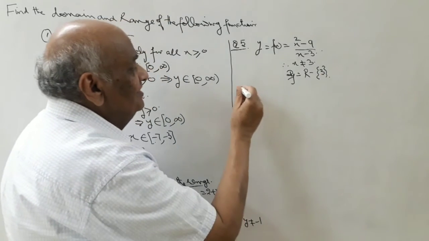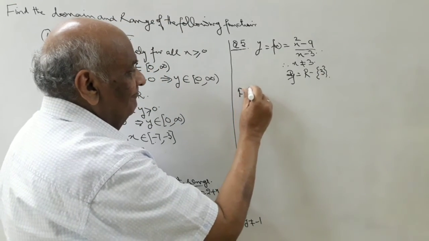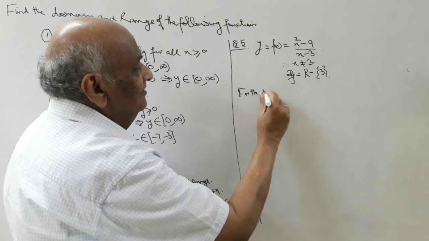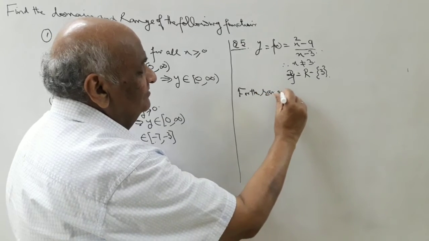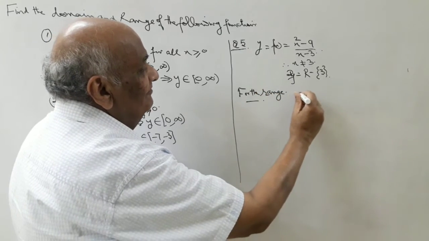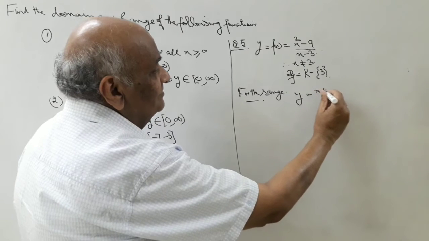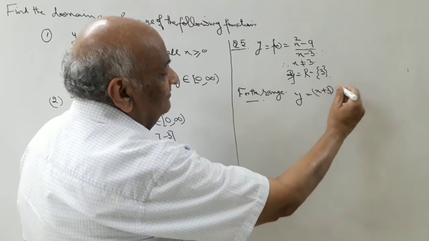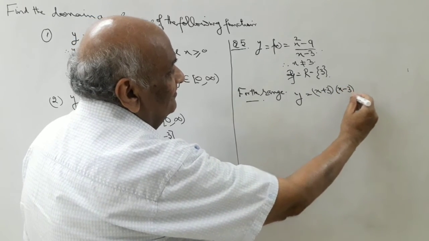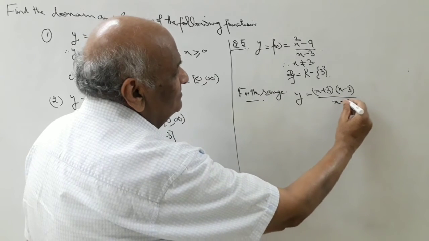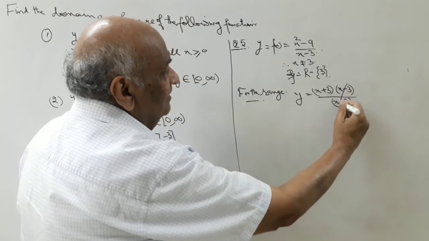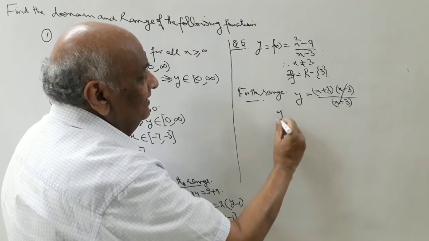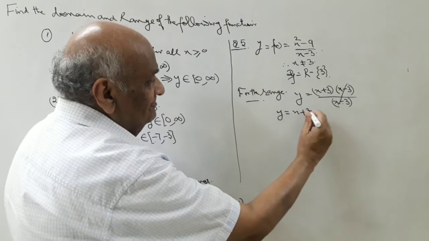Now for the range, see, underline this, we have y is equal to (x plus 3)(x minus 3) upon (x minus 3). This will cancel out. So y is equal to x plus 3.